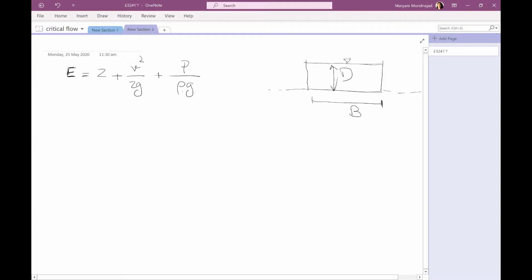So in our rectangular channel, Z is 0, and in an open flow channel E equals D, or depth of flow. So we can simply write EC equals D, which in the critical flow will be DC, plus VC squared divided by 2G.